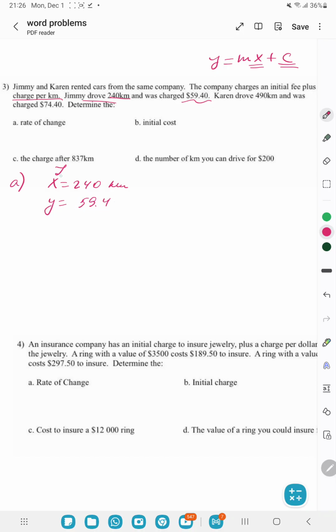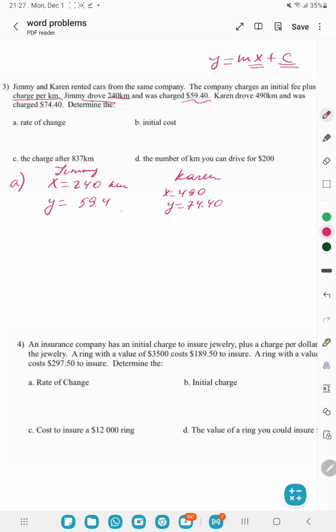This is Jimmy. Now Karen drove 490 kilometers. It's Karen's x, and she was charged 74.40. Determine the rate of change. Since it's the same company, they have the same rate of change.